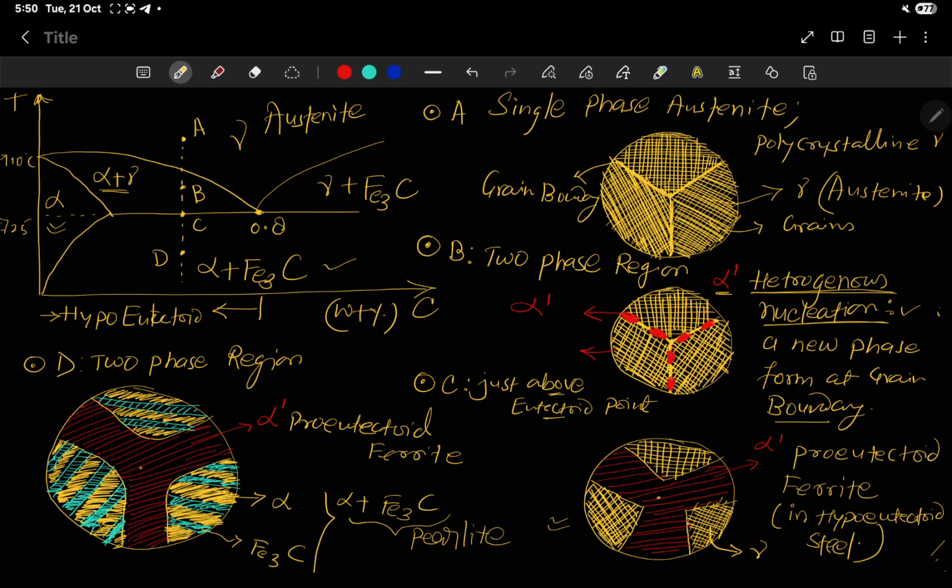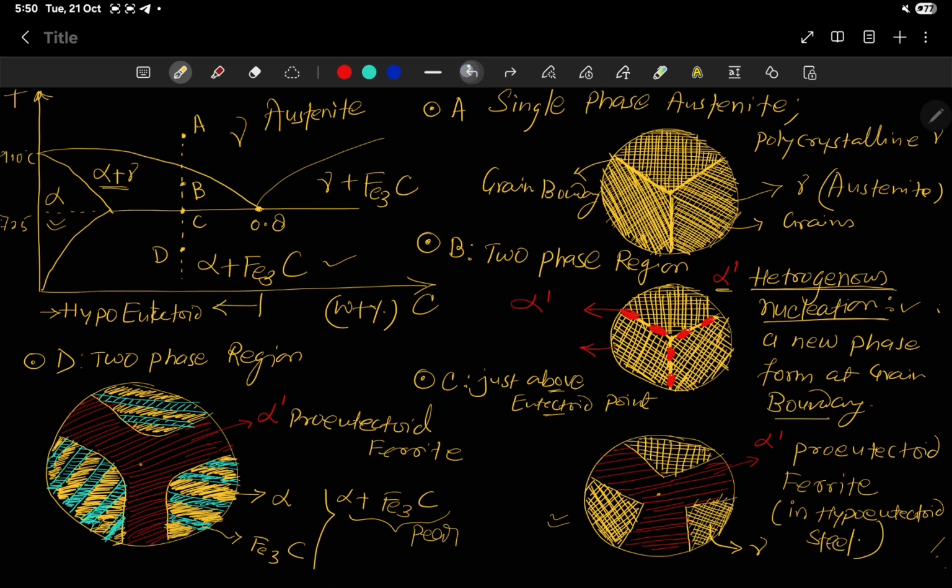And so you can see here that at point D we will get a combination of alpha dash plus this pearlite.